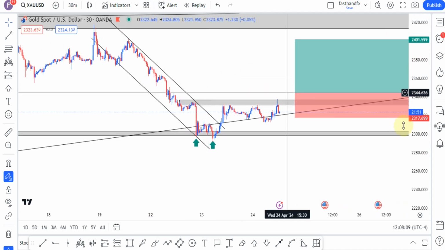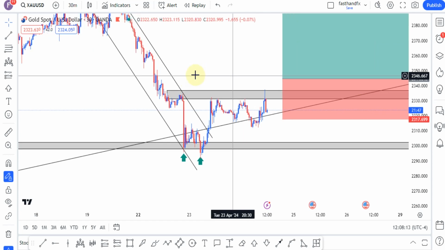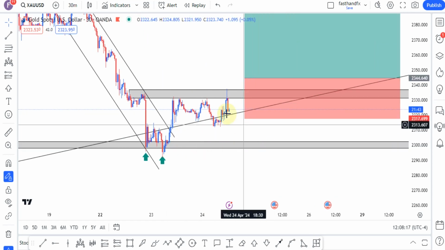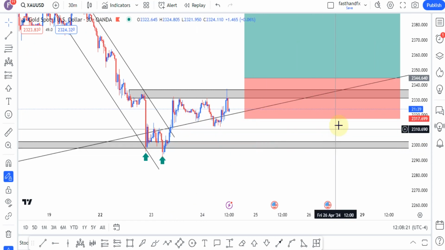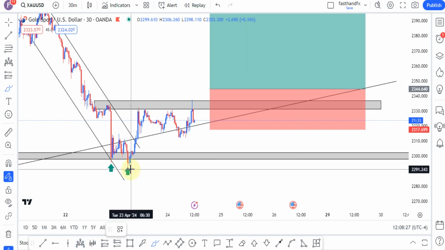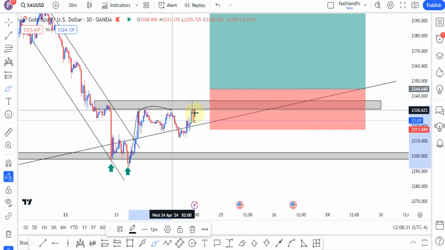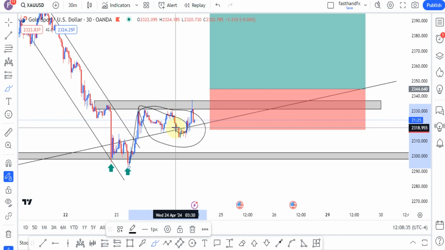So what are you supposed to be doing here, guys? At this point, we just wait and see what the market is doing, because you can't take an entry when you don't know what the market will do next. As you can see, this is a consolidation, this is an impulse move, then we have that correction that is happening right now.